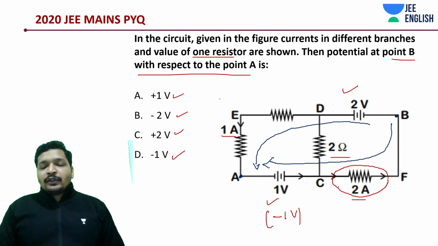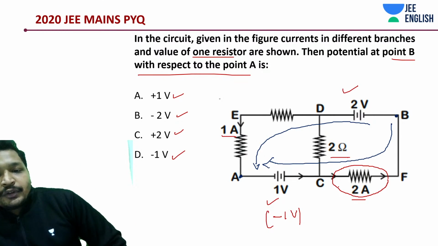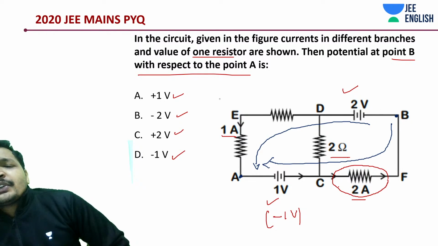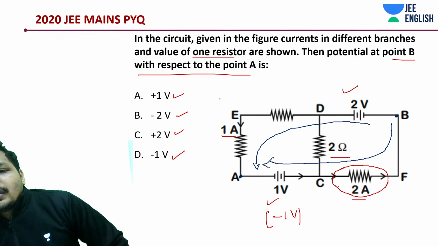Okay, and you'll see typical questions also in your JEE. This is a very good question. What I'm trying to do over here is trying to find a shortcut, and that's what we are doing over here.